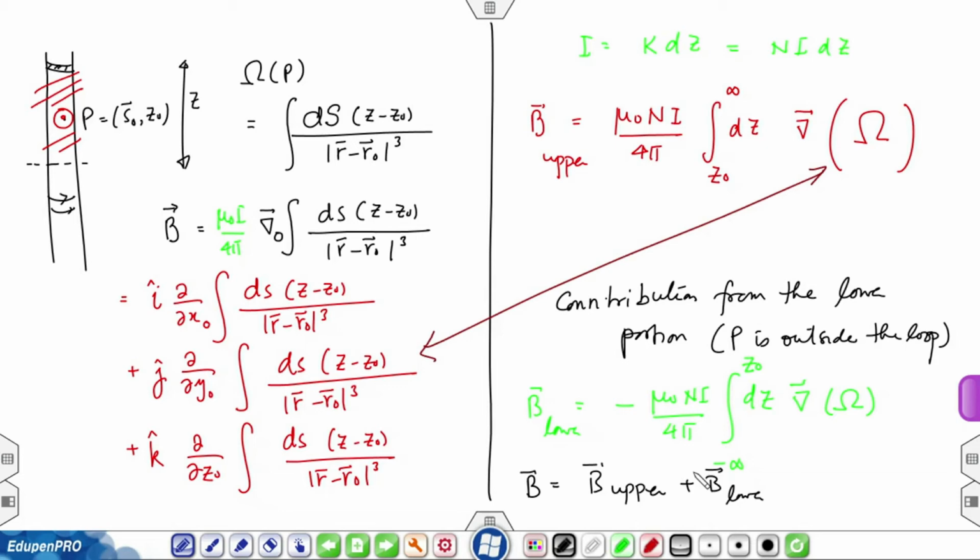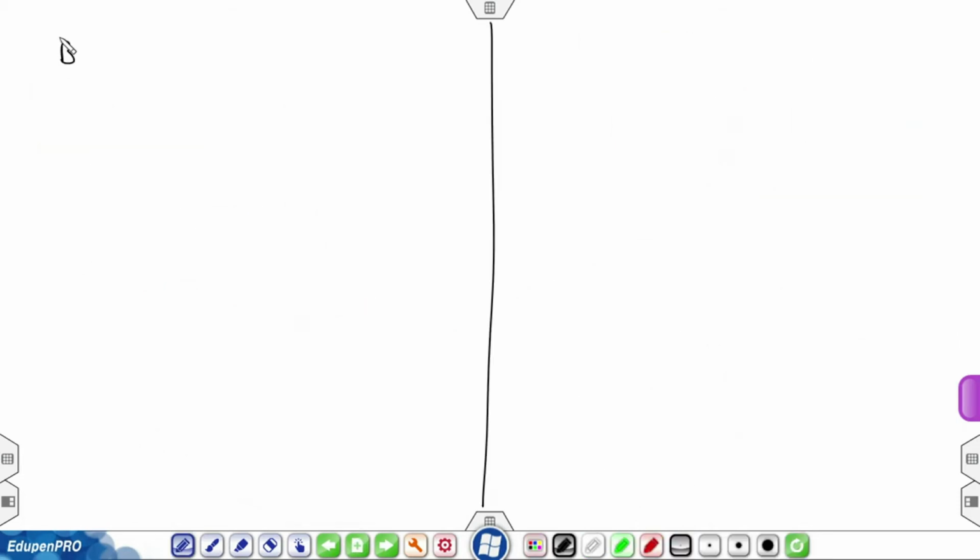So, let us look at the upper part first. So, B upper is mu0 n I over 4 pi, integration dz z0 to infinity, grad of omega, and we have found the grad of omega to be x component, y component and z component.